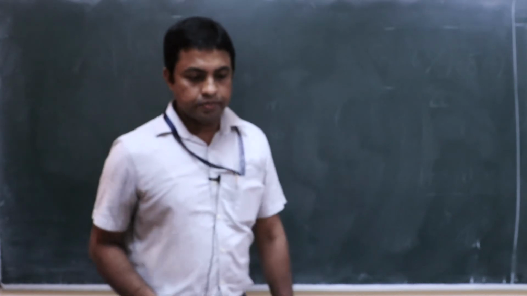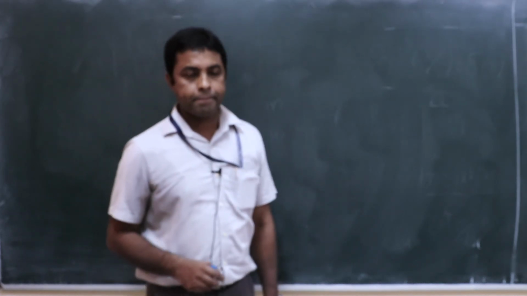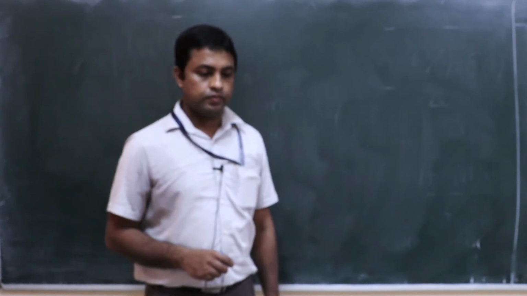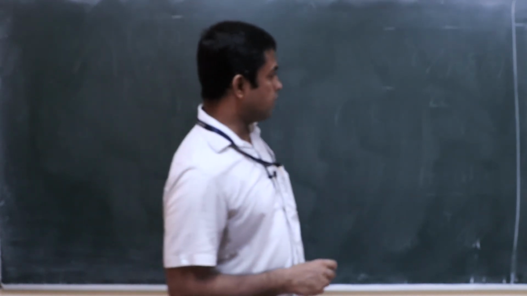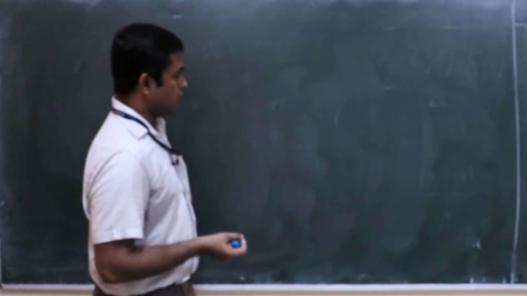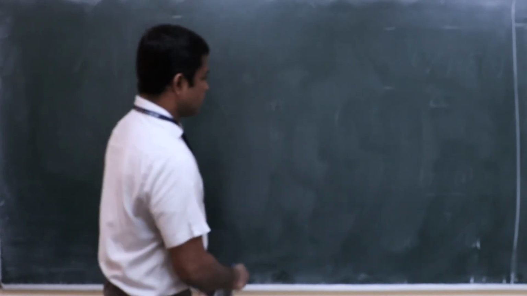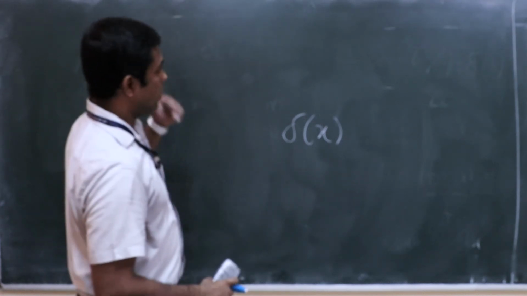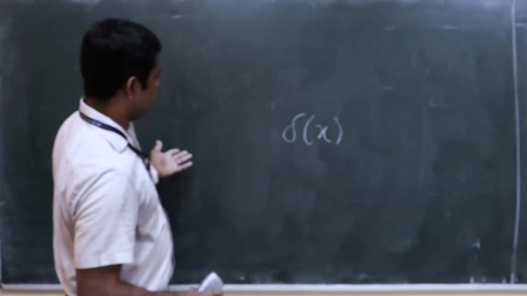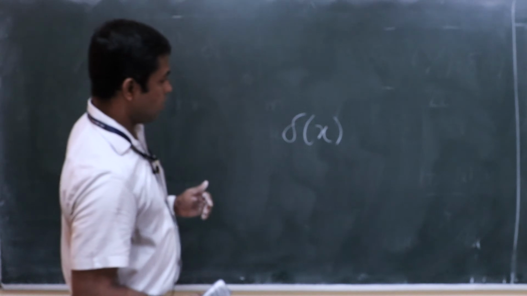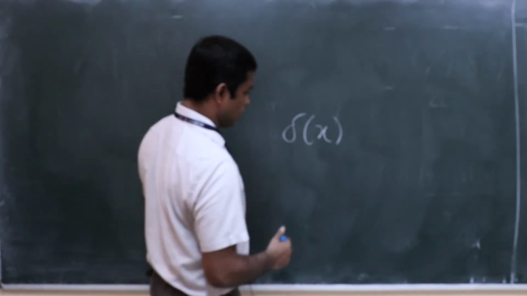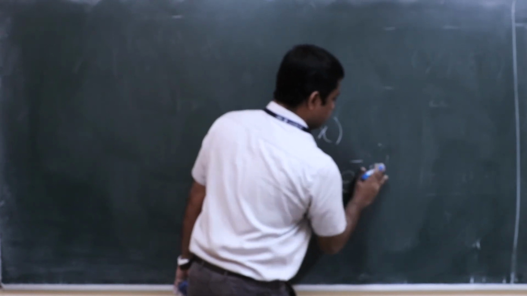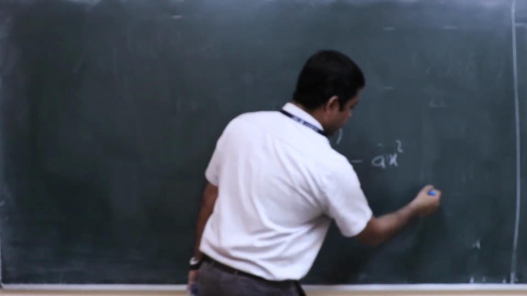Is there any other question? Okay, so in the next class, now that you have the relation between delta with sech hyperbolic and theta of x, just one question, whether you understood or not. e power minus a x square, this is a Gaussian function, right?